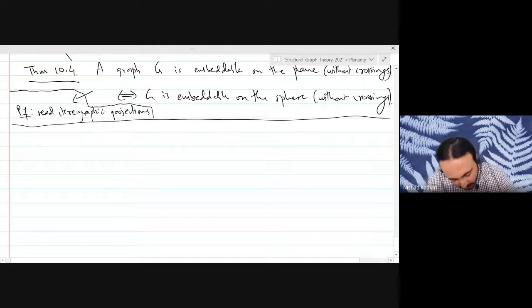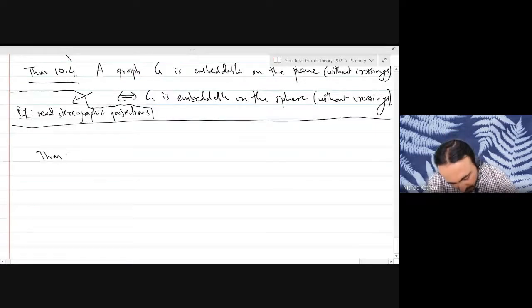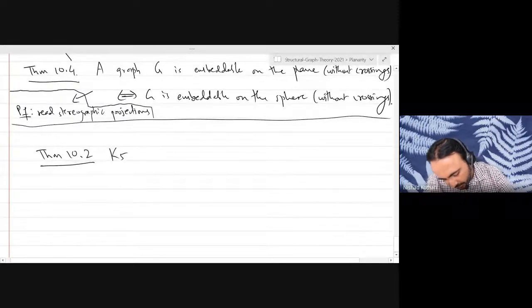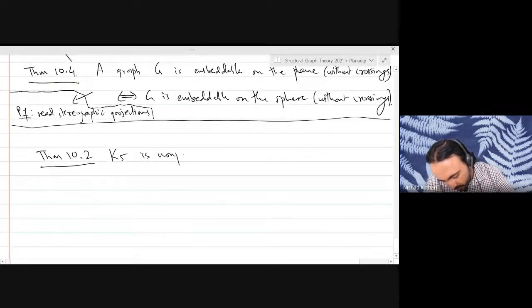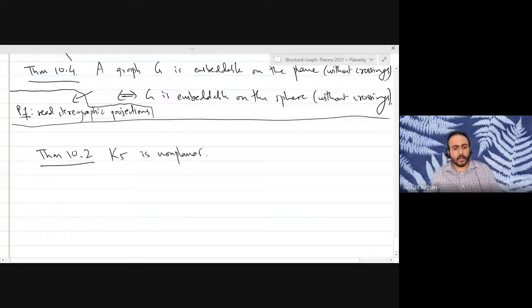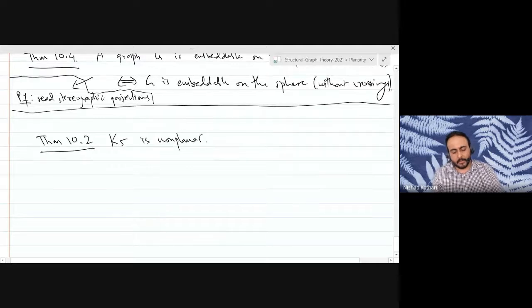All right, so our next goal is to prove that K5 is non-planar. Before we proceed, are there any questions or concerns? We will use the Jordan Curve Theorem. Later in this module, we will see a different proof using Euler's formula.